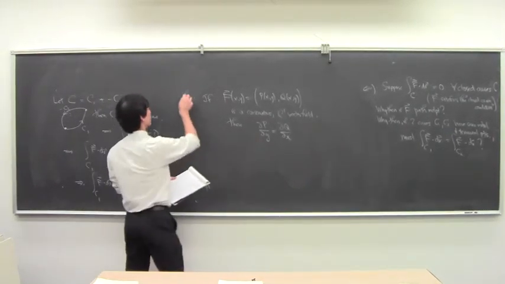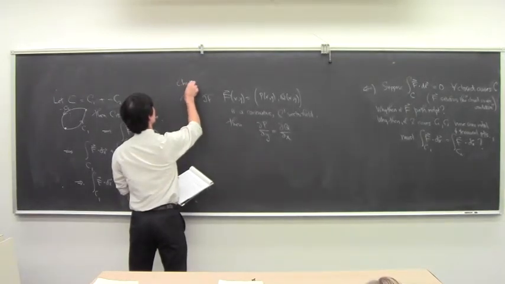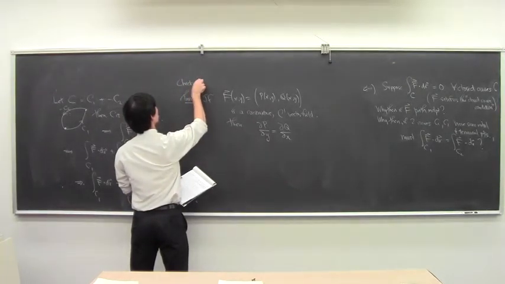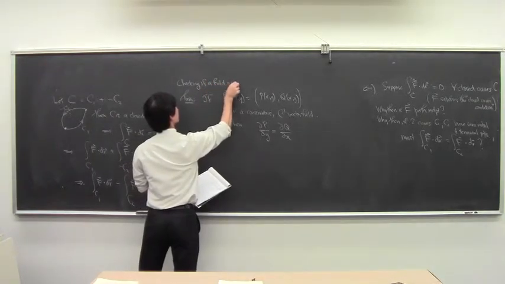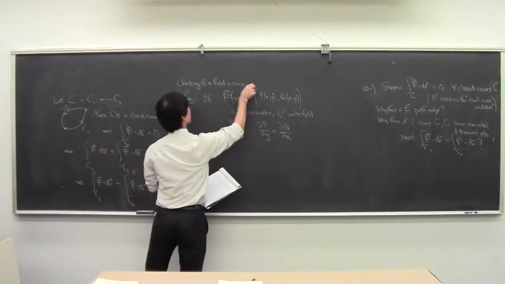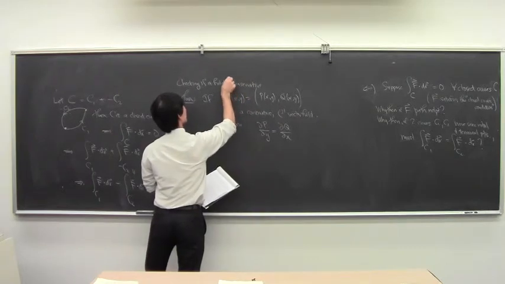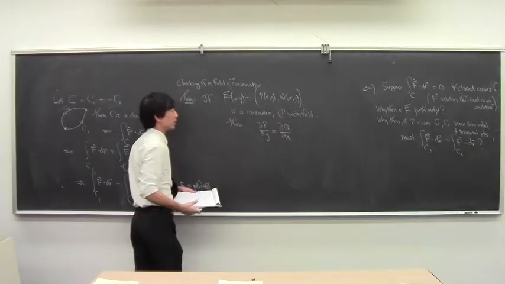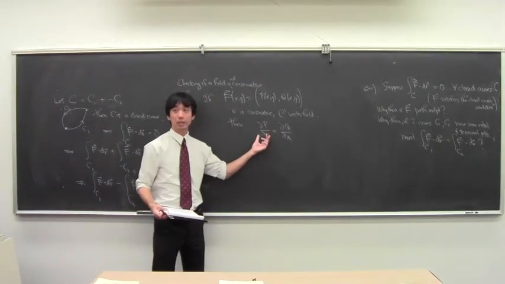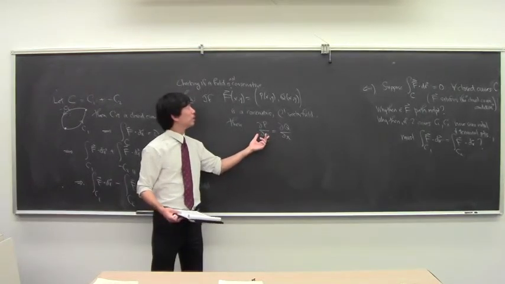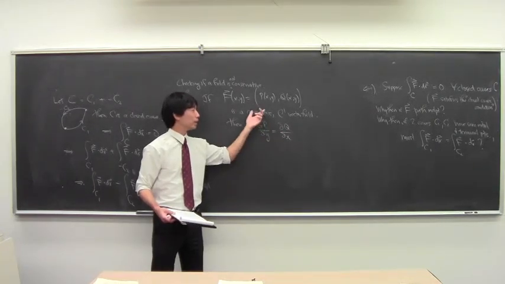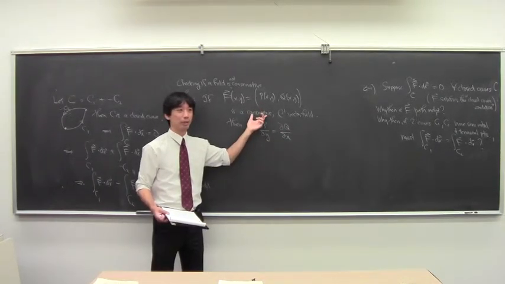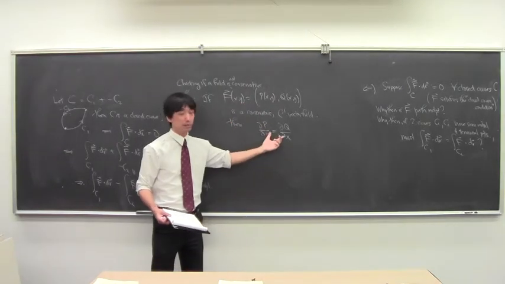So this is a way of checking if a field is conservative, or rather is not conservative, because you take the derivatives of these component functions, and if they're not equal to each other, then you know that your field wasn't conservative. If it's conservative, then this is going to happen.